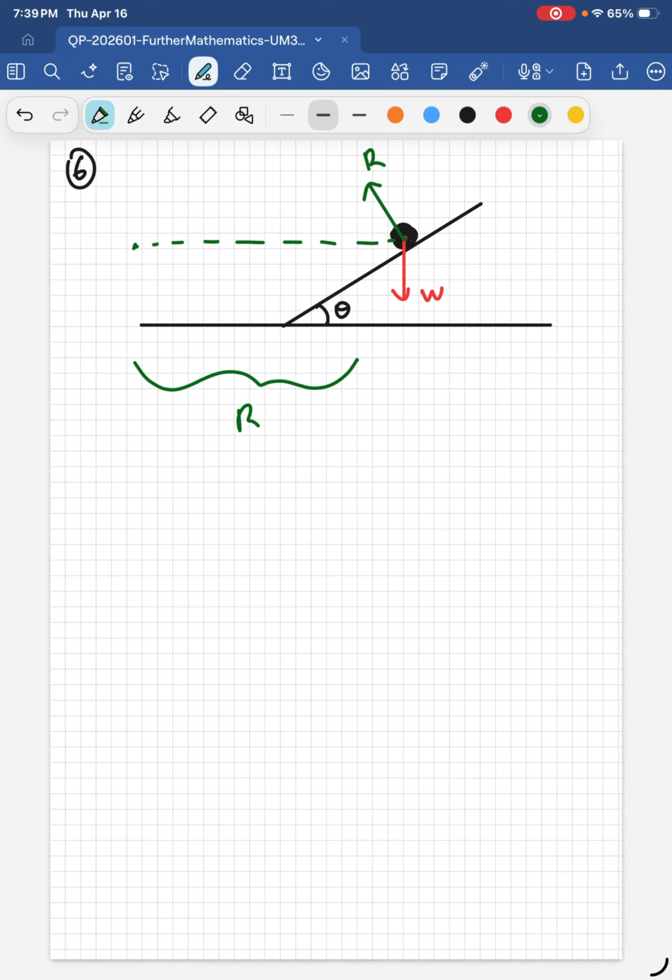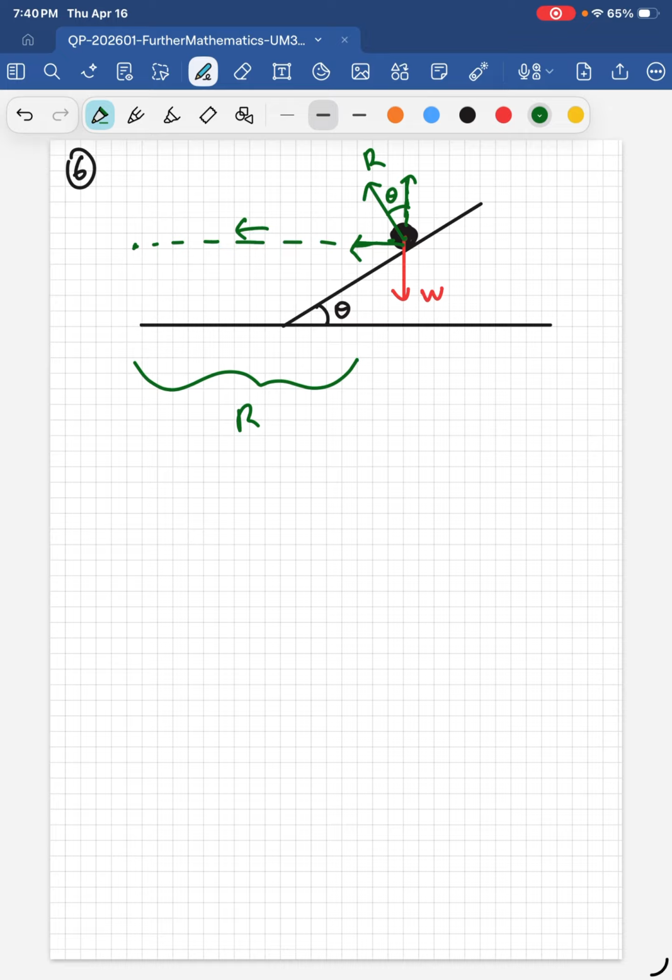So what I'm trying to say is that you have to analyze the forces with respect to the centripetal force, which is in this direction. So we basically have to analyze R into a component that points this way and a component that provides this centripetal force that I'm talking about. This angle now is theta. Why is that?